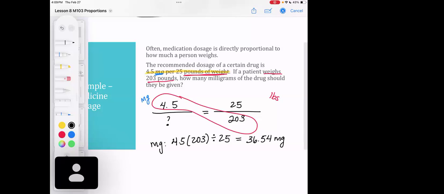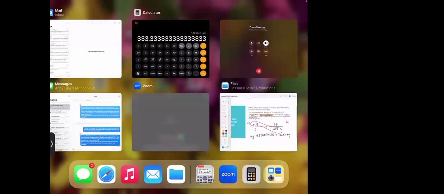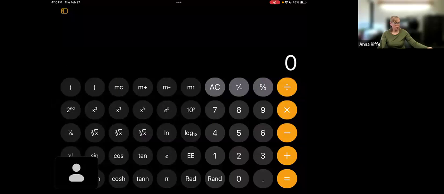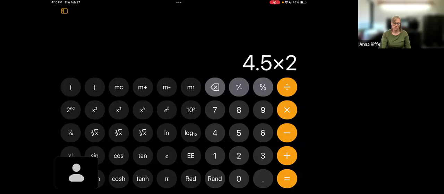Yeah, that's not what I'm getting. If I take 4.5 times 203 divided by 25, I'm not getting anything like that. Let's try it. 4.5 times 203. Divide that by 25. We should get that.